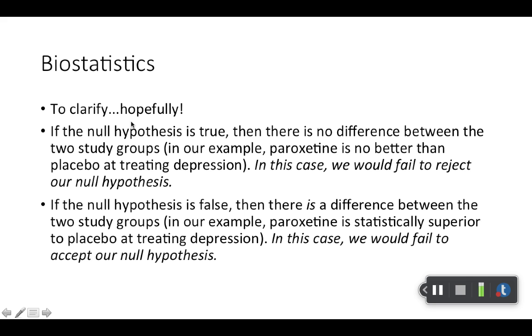So hopefully to clarify, if the null hypothesis is true, then there's no difference between the two study groups. In this case, we would fail to reject our null hypothesis, which I feel like is kind of outdated English, or sounds like lawyer speak, or like when you read a contract, you're like, what? Why are you saying that? So we're going to fail to reject our null hypothesis.